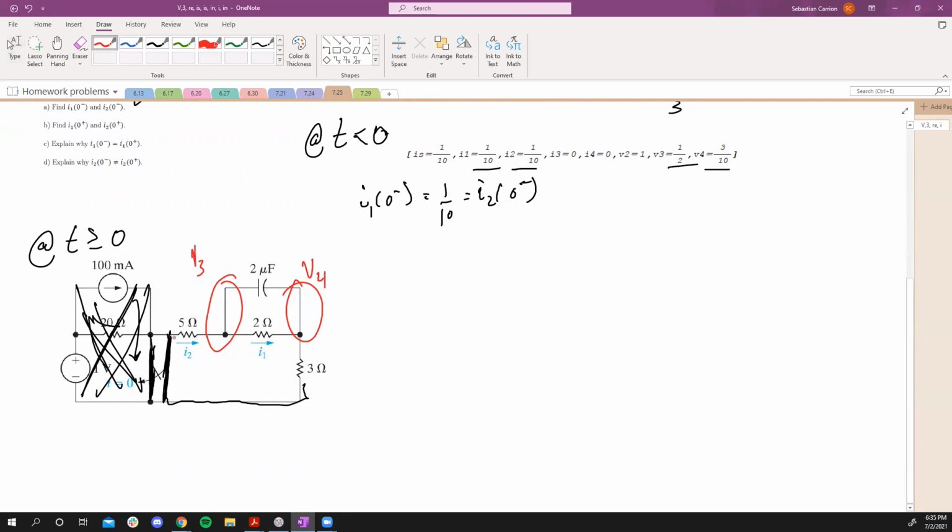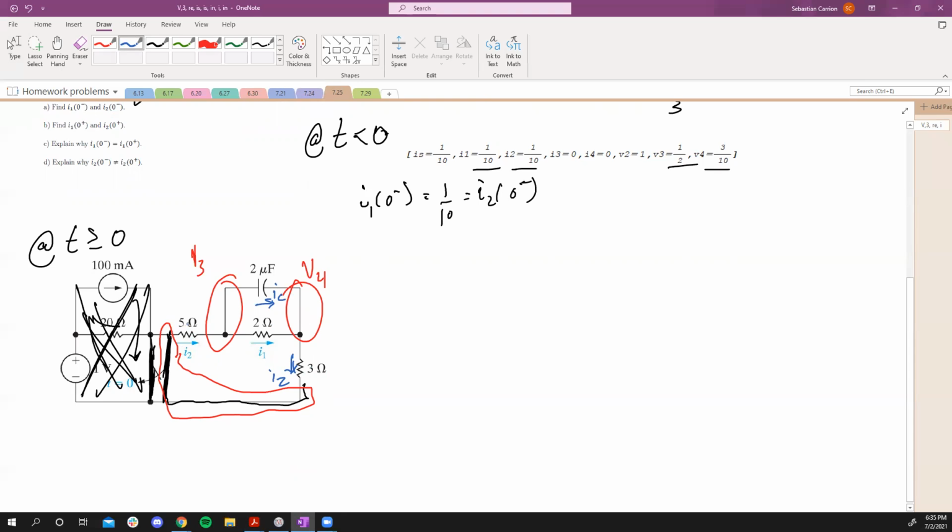So I'm going to analyze this. There's no independent source. I'm going to call this IC. Then this should also be I2, right?